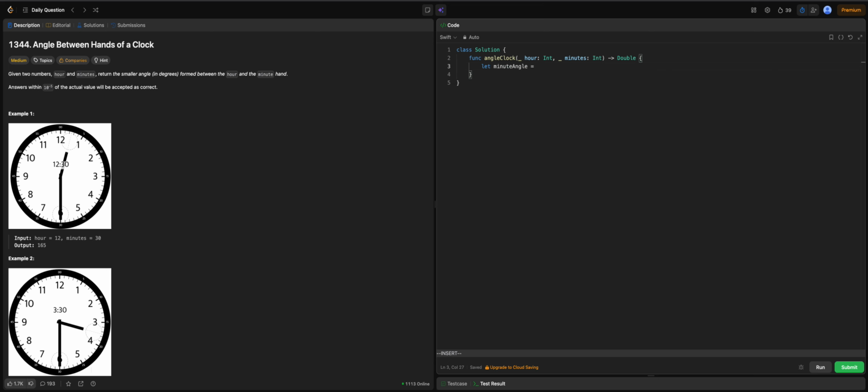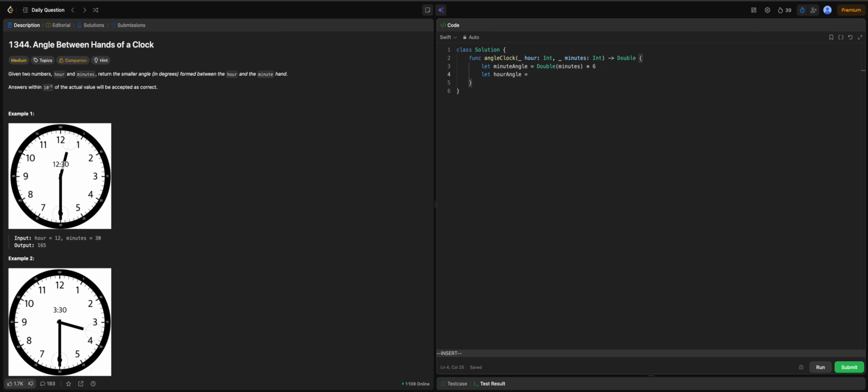That will be minutes times 6, and I think we had better convert it to double, because the answer itself is also asking for a double instead of an integer. So we have the minutes here. Let's calculate the hour angle.